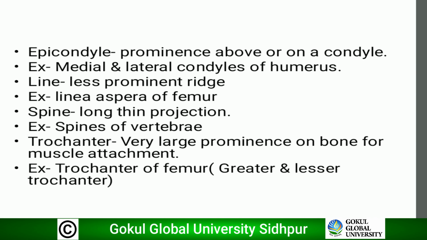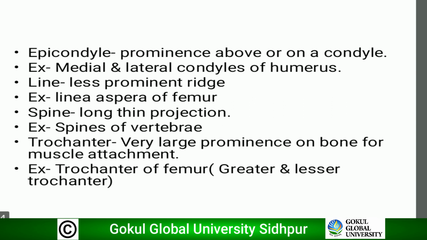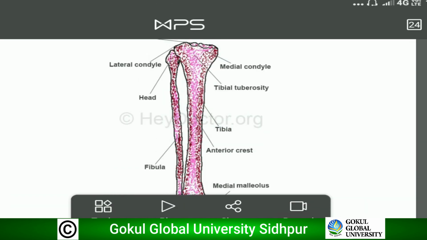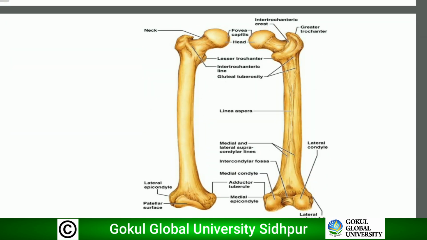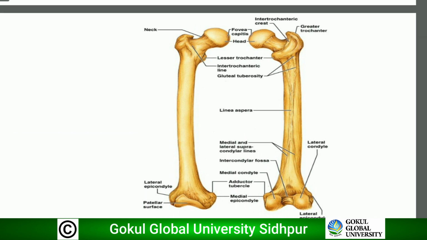Now, what is a trochanter? A very large prominence on a bone for muscle attachment. The trochanters of the femur, greater and lesser, we discussed during the intertrochanteric crest.